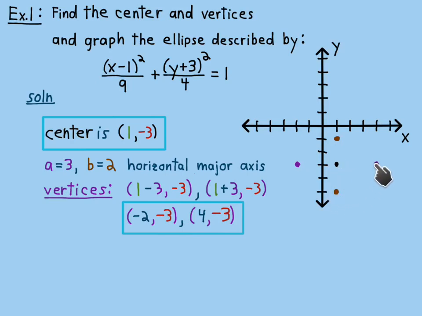And then you could just sketch in an ellipse. I used an ellipse tool, so it's actually perfect. But on the homework, they would probably just have you graph these points, like maybe the center and these two, and then it would fill it in. Or they might not have you physically graph it.